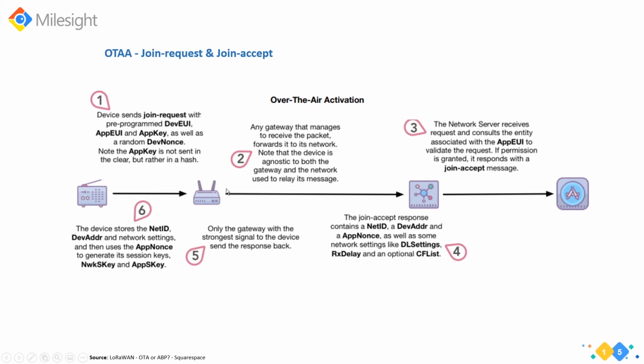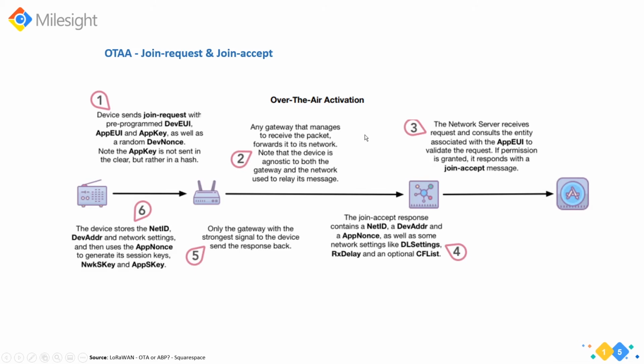The gateway is a dumb packet forwarder here. It just forwards the packet to the network server without any processing. The network server receives the request and double-checks it. It will validate the app EUI with another entity.